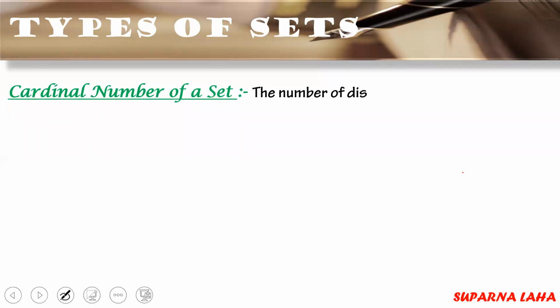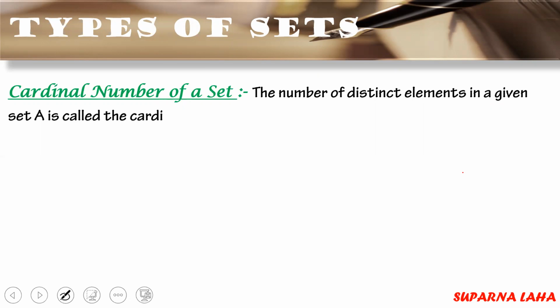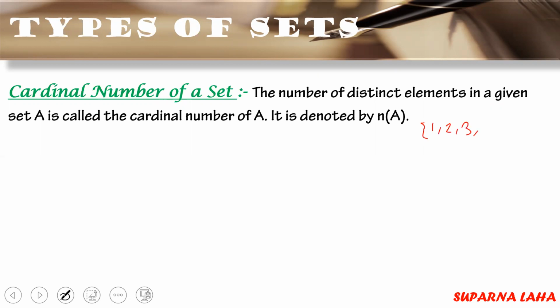Next is types of sets. Before starting the types of sets, we need to know some property of the set, or you can say some important point about sets, that is the cardinal number. What is the cardinal number? The number of distinct elements in the given set A is called the cardinal number of A, and it is denoted by n of A. Suppose any set contains these 4 elements, 1, 2, 3, 4.